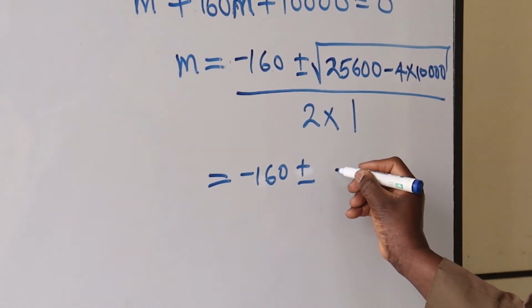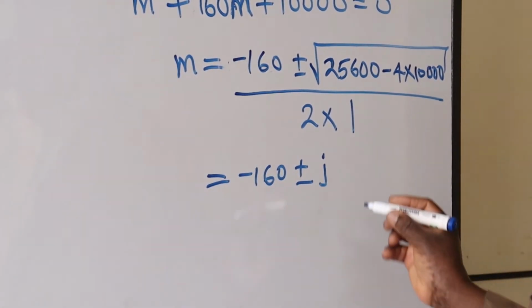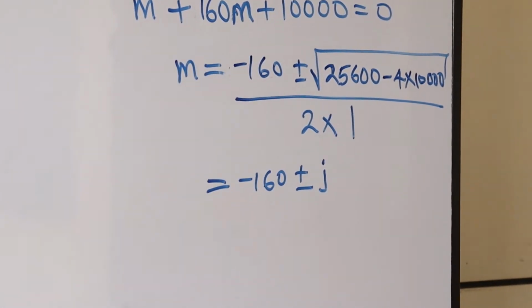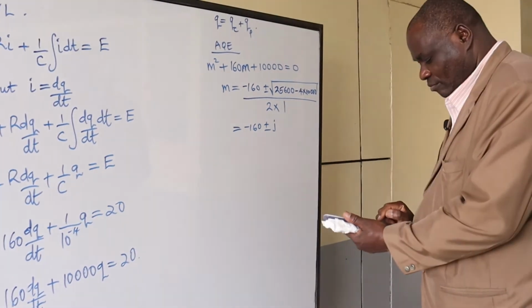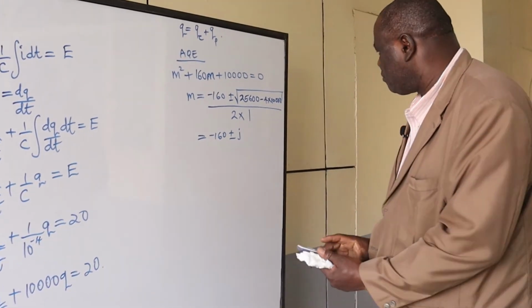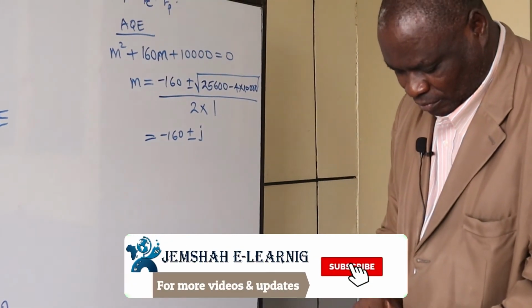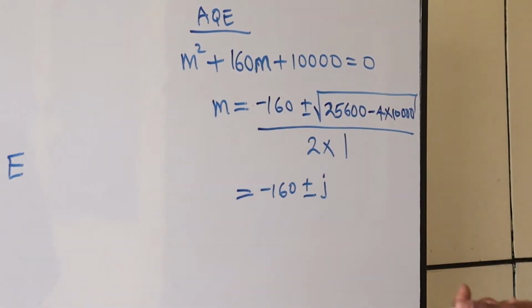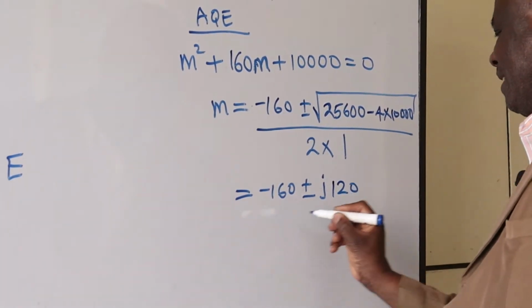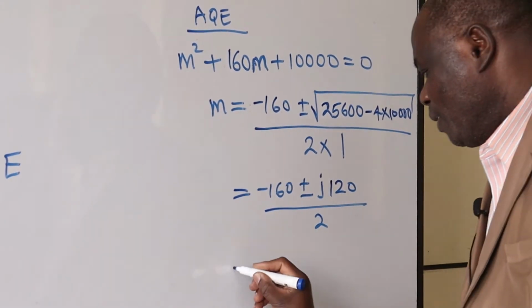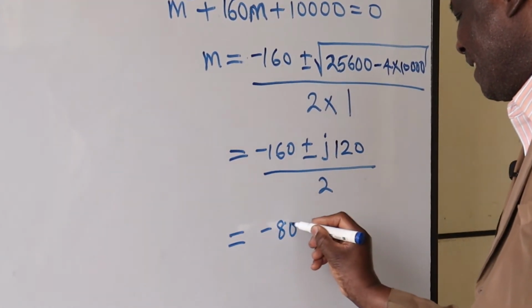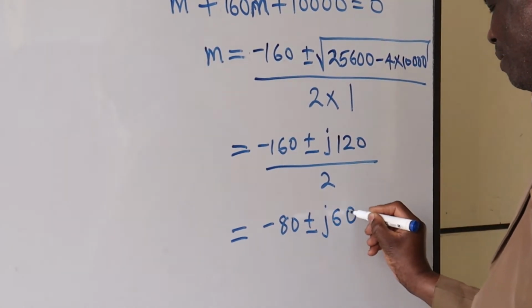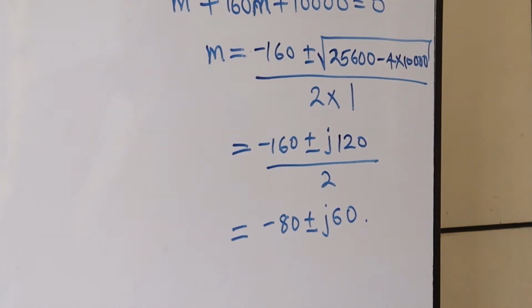This equals minus 160 plus or minus j120 all over 2, which will be equal to minus 80 plus or minus j60.